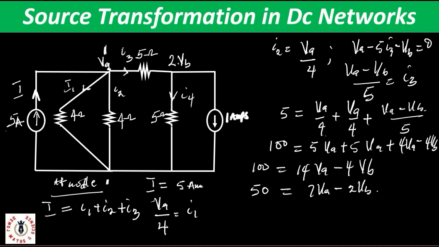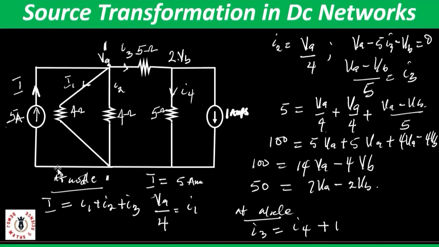At node 2, let me just copy out the equation here. At node 2, we'll have I3 flowing into node 2, and I3 equals I4 flowing out of node 2 plus the 1 amp current flowing out of node 2.